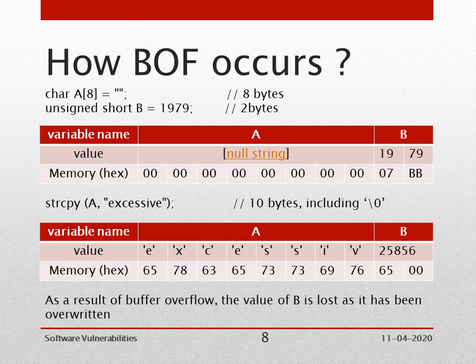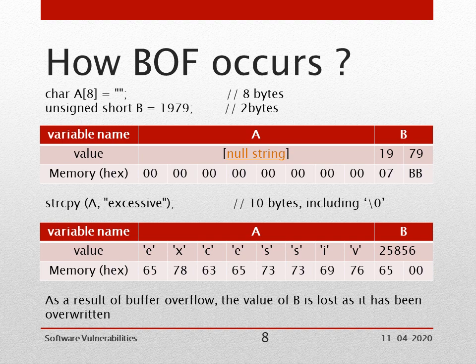Now, suppose that the next instruction is a string copying function, strcpy(a, "excessive"). Here, the first string is mentioned as a character array variable and the second string as a string constant. So, the second string is to be copied into the variable a. The second string contains 9 alphabets plus 1 null character.